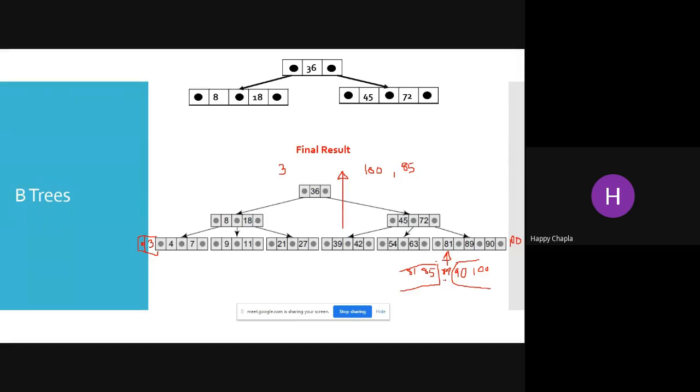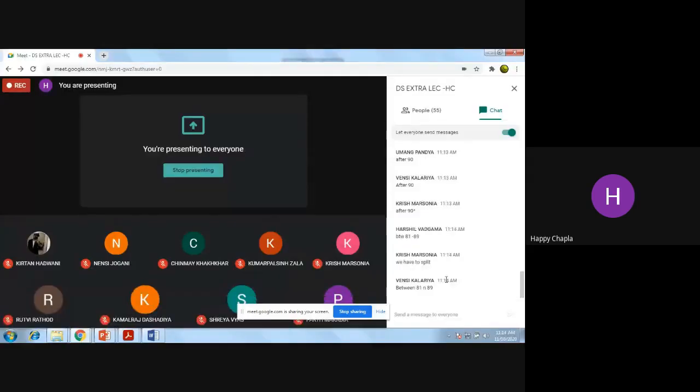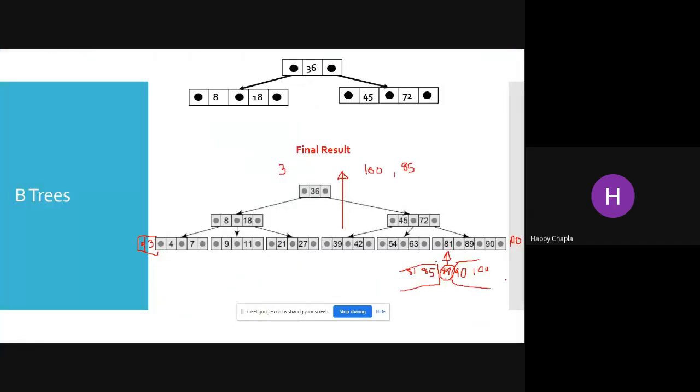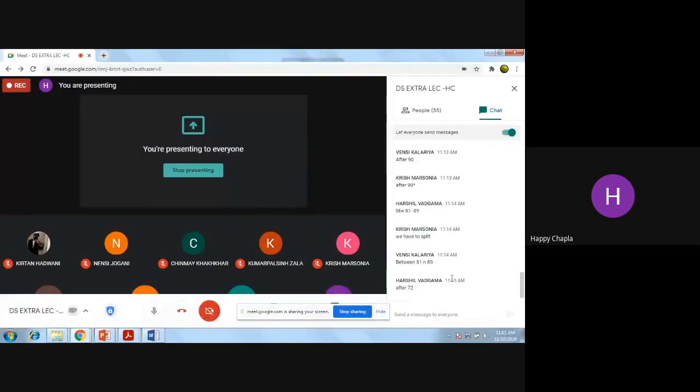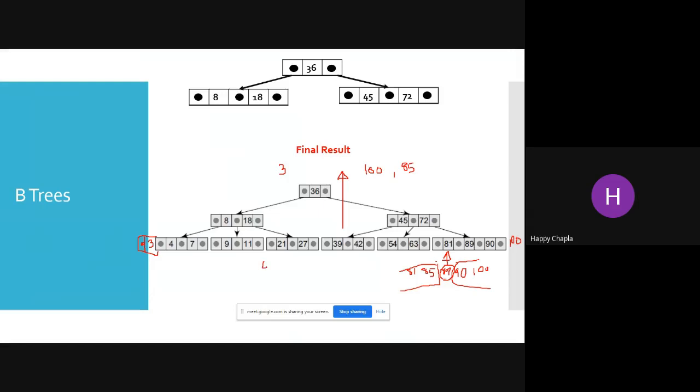So at which place do I need to insert this 89? Yes, we have to split it. And where can I insert this 89? Yes, so the scenario is something like 45, 72, and your 89 would be inserted over here.